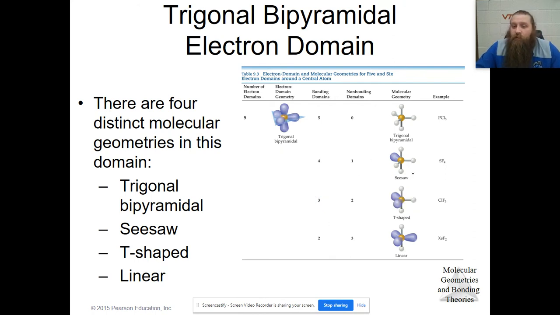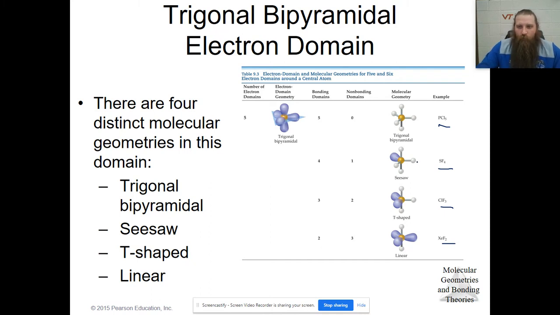If we look at seesaw, seesaw has 1 non-bonding, again, at the equatorial position. And so I have equatorial, equatorial, which is going to make a seesaw shape, and then my axial stays the same. If I look at true trigonal bipyramidal, then I have no non-bonding domains, all right? These are great example molecules that you'll probably see me pull from when we are talking about these things.